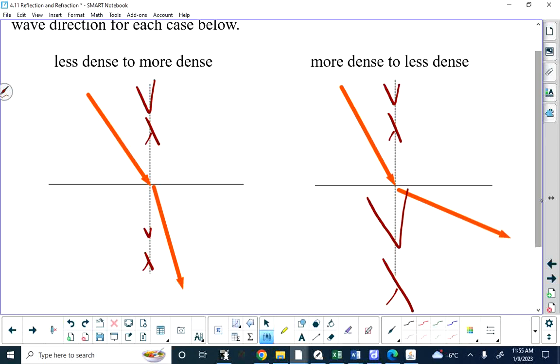Theta 1 is the same as saying theta I for incident. Theta 2 is the same as saying theta R for refracted. I think maybe some of you will appreciate why using 1 and 2 might be better than I and R. And the reason is R can mean reflected or refracted.